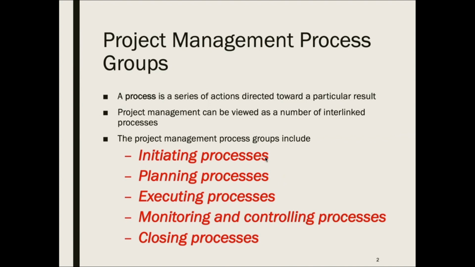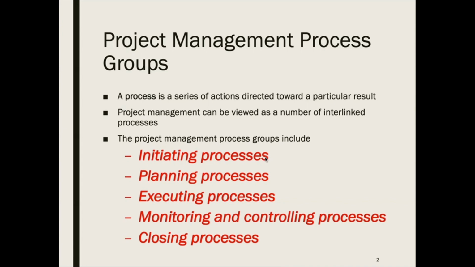These processes usually follow sequential order. And in project management, we have developed these process groups. So what the author did is that they took the project life cycle, and based on the logic of the life cycle, they developed these groups.